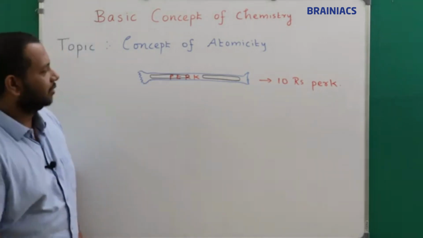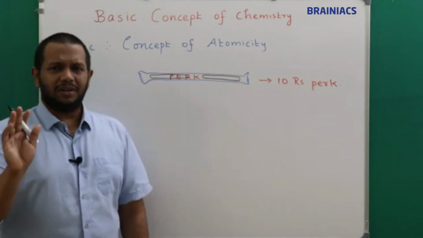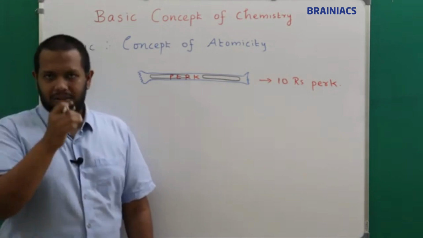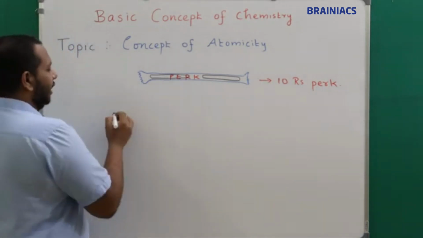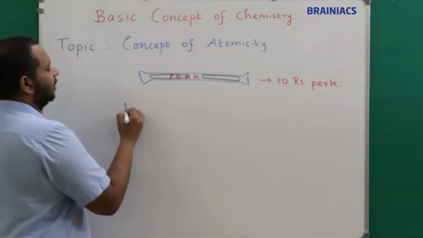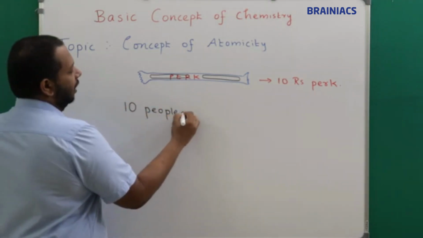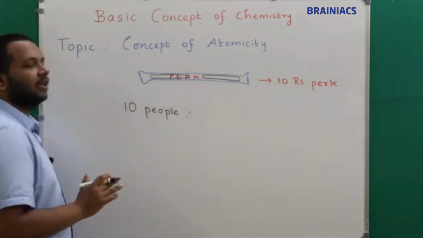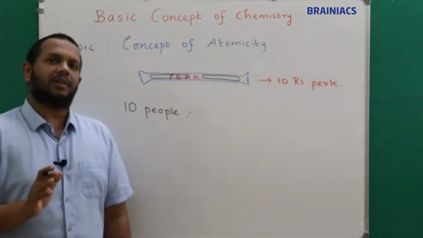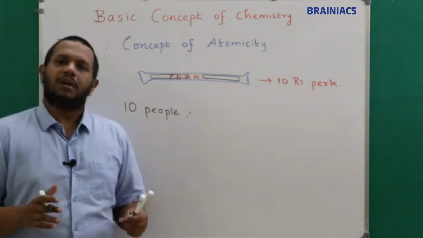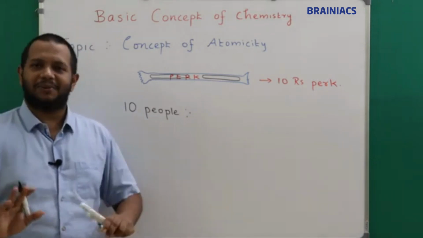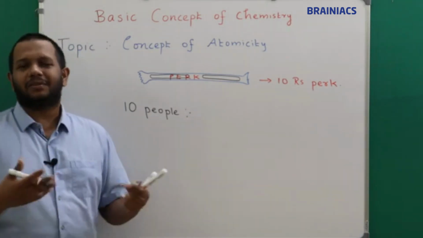Understood. Now the question here is very simple, and if there are 10 people, as part of cost cutting, a certain number of Perks can be bought. If you have enough money, you can buy it, no issues. Now think of a situation where there is not enough money.